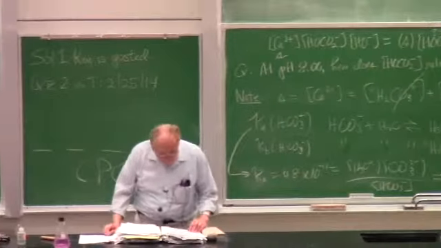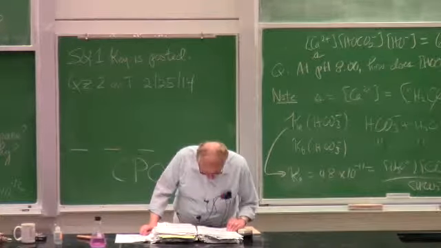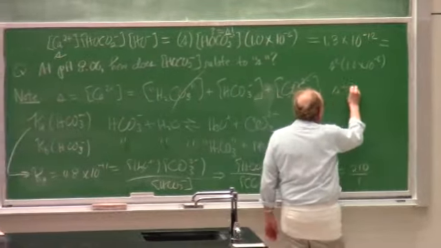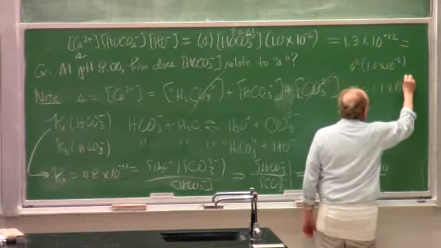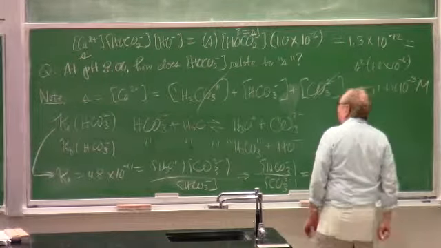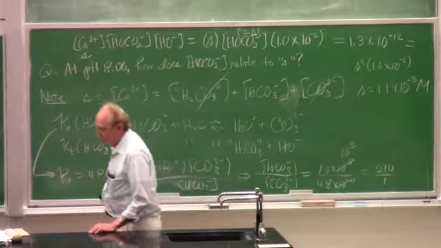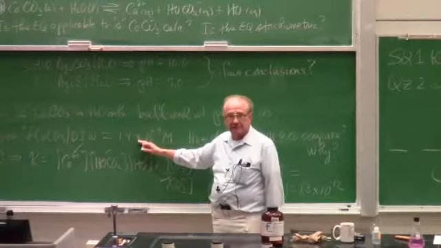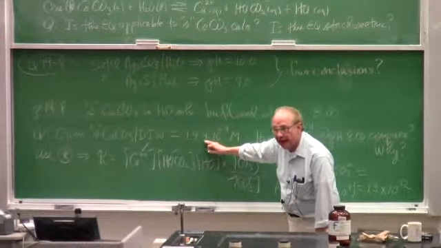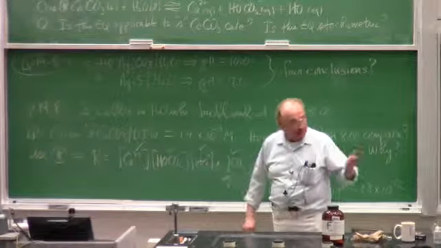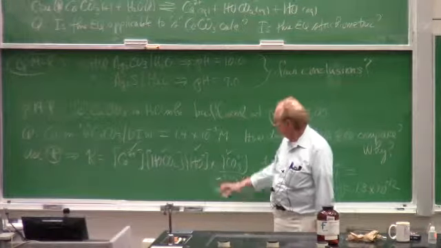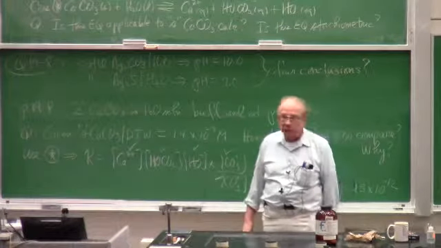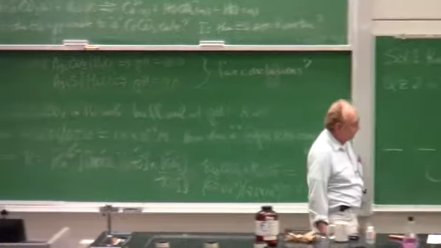Calculate S. And here we go. 1.1 times 10 to the minus 3, which is a bigger number than this number, and which we knew had to be a bigger number than this number, because at pH 8 the stuff's got to be more soluble. It's about 1.1 times 10 to the minus 3 versus 1.4 times 10 to the minus 4, about 8 times more soluble. All right?